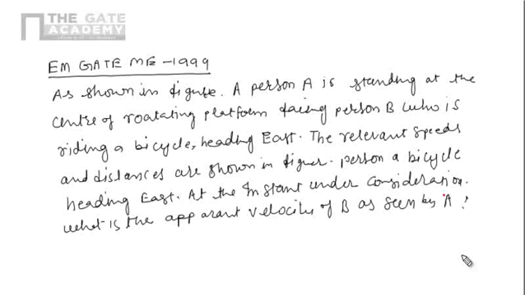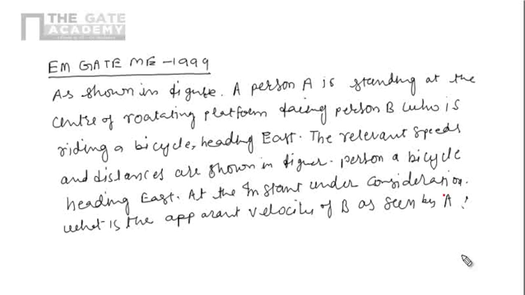I will again repeat the question. Here, a person A is standing at the center of a rotating platform facing person B who is riding a bicycle heading east. The relevant speeds and distances I will show in the figure. At that instant, what will be the apparent velocity of B as seen by A?